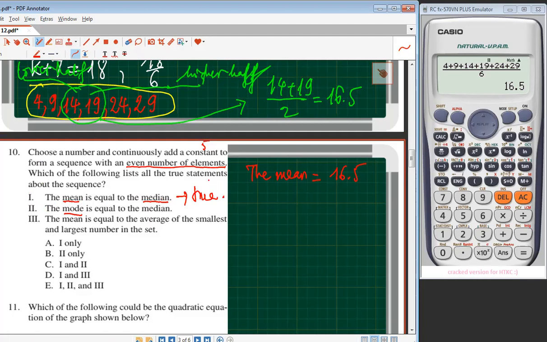The next keyword is mode. When we handle data, we will find elements that appear most.